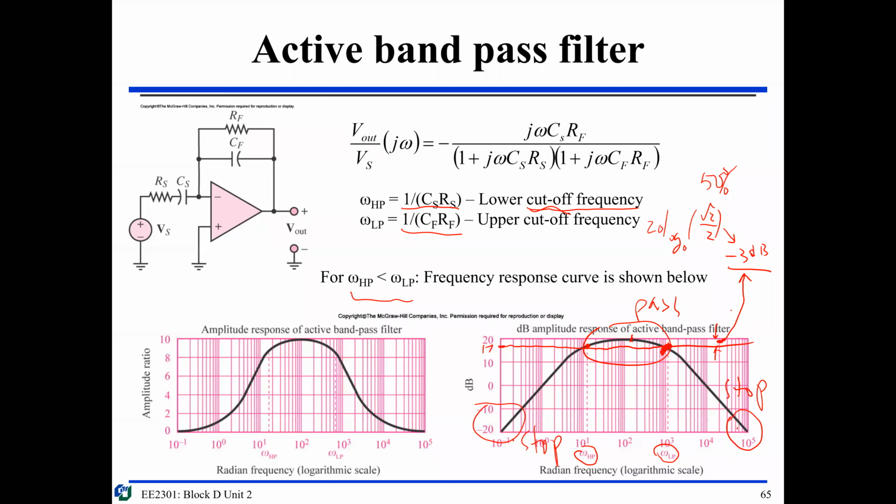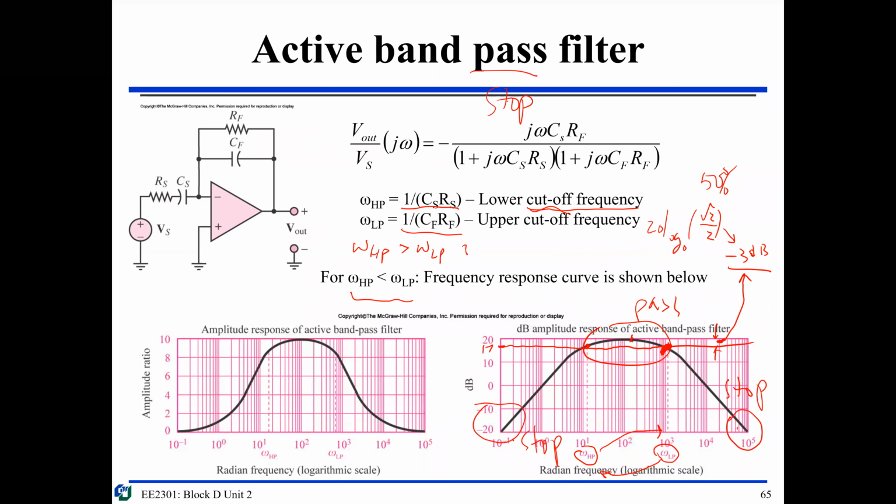You may ask, what if this one is greater than the other omega? Basically, you swap these two. What's going to happen? This was called band pass because left and right are all stopped. High and low frequencies all get attenuated. Only a small part in the middle will pass. There is also something called band stop.